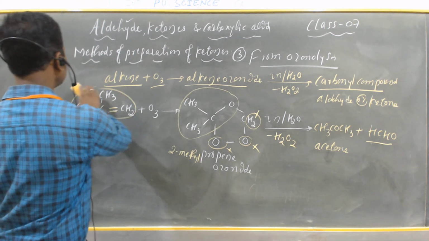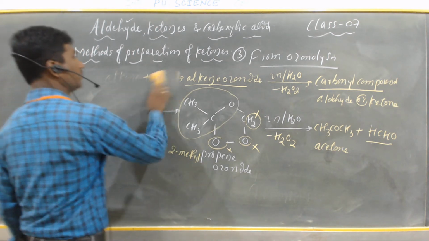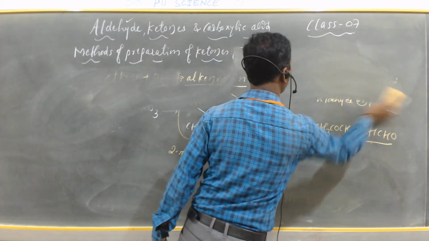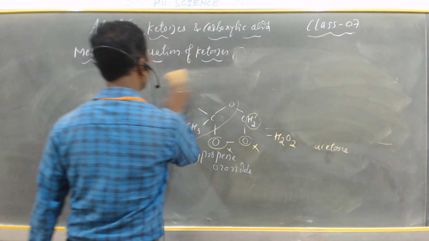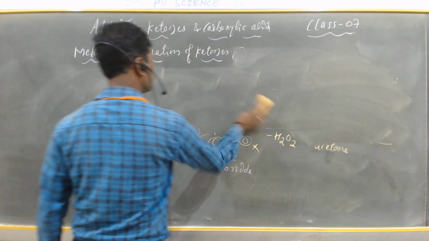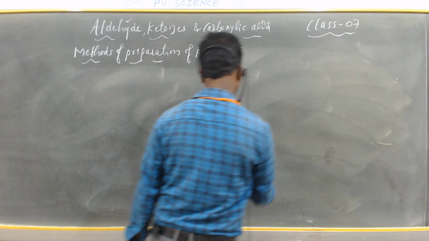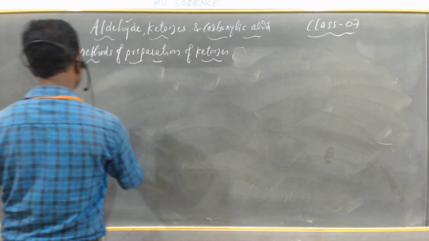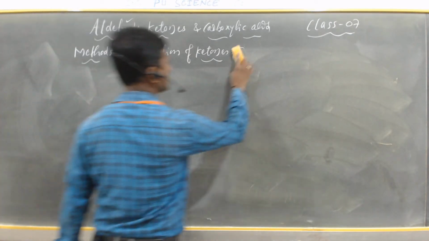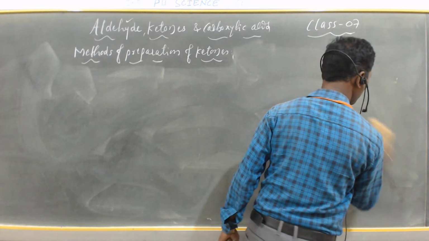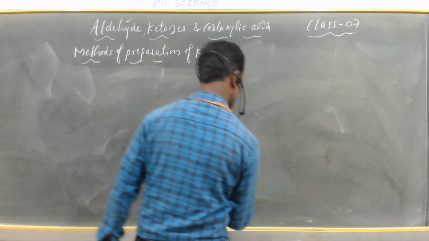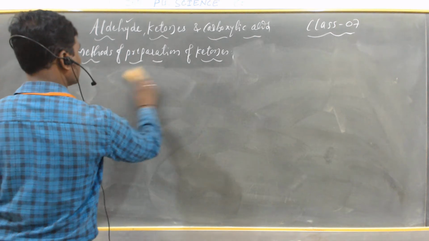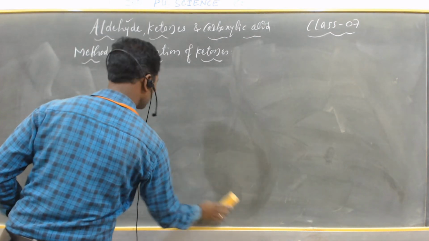The next is the last method of preparation. The first method of preparation is from acid chloride. The second method is from nitrile. The third is ozonolysis.